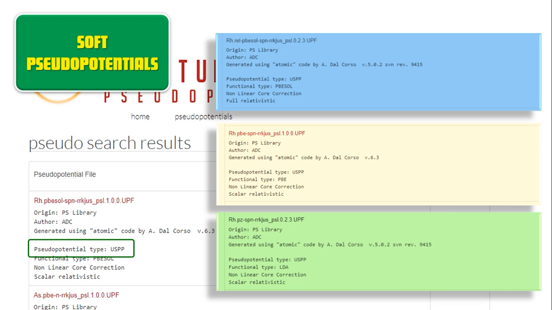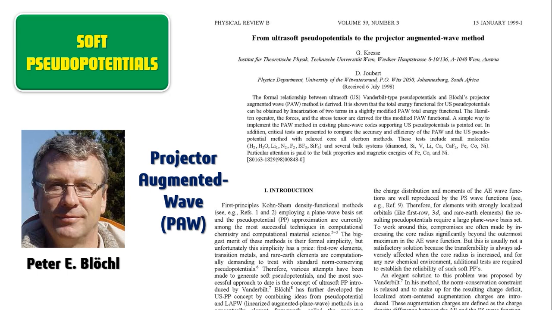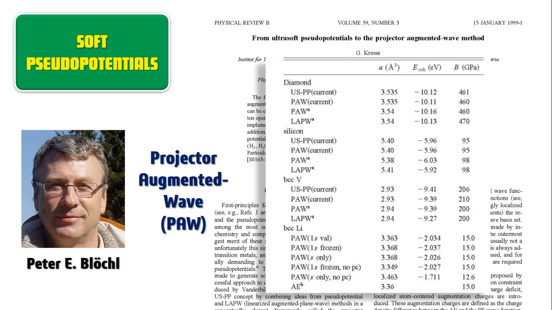Another approach that avoids some of the disadvantages of the ultrasoft pseudopotentials is the projector augmented wave or PAW method that was originally introduced by Blöchl and later adapted for plane wave calculations by Kresse and Joubert. Kresse and Joubert actually performed an extensive comparison of ultrasoft pseudopotentials, PAW, and all electron calculations for both small molecules and extended solids.